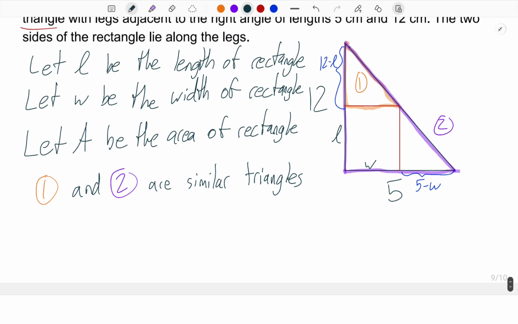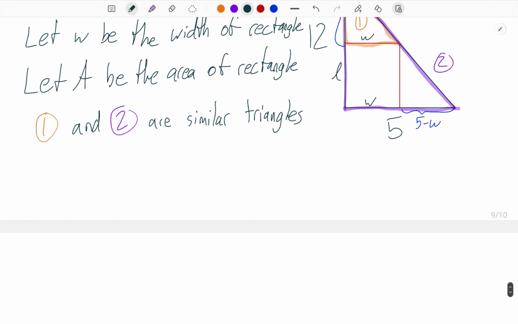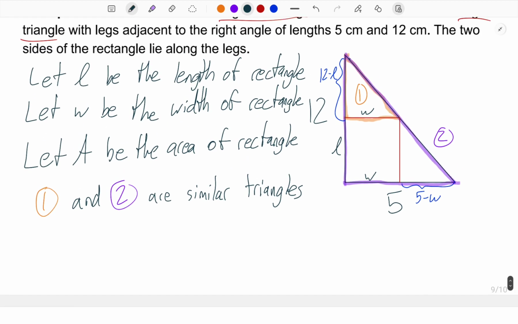So let's take a look at our triangle 1. As you can see, I just quickly labeled the top of the triangle there, W. So let's first use the left side. This left side, 12 minus W, or 12 minus L. The corresponding side in the big triangle is just the length L. That is a ratio there, 12 minus L to 12.